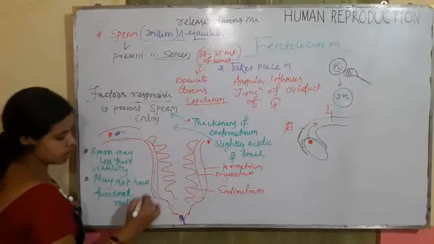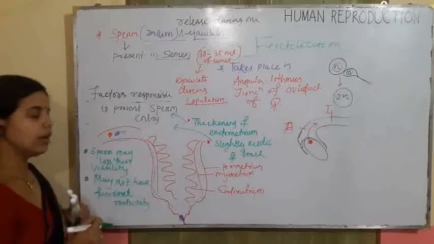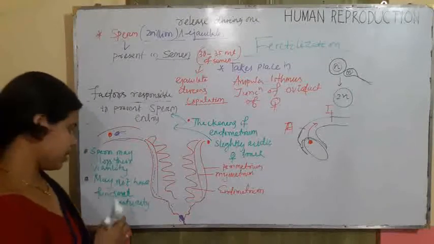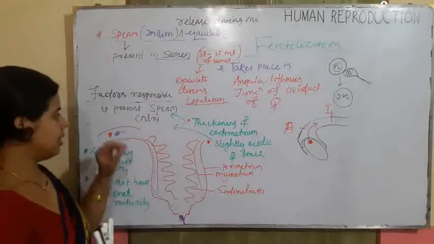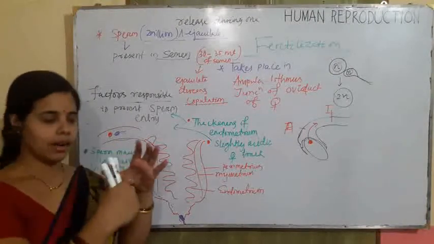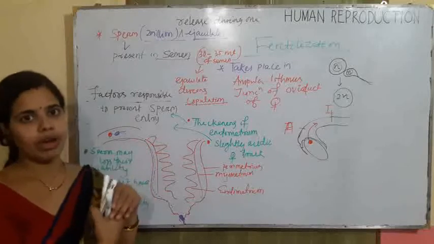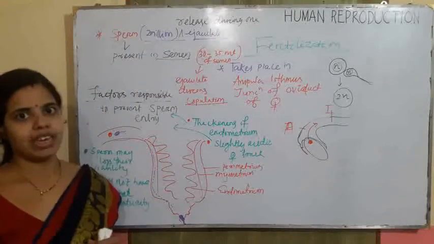Although they reach towards the oviduct, still they do not have functional maturity. What is functional maturity? It means they may not be able to penetrate the ova, so that the fertilization process can take place.